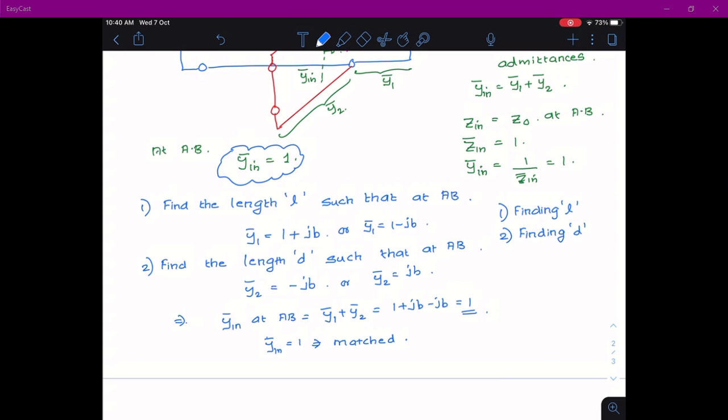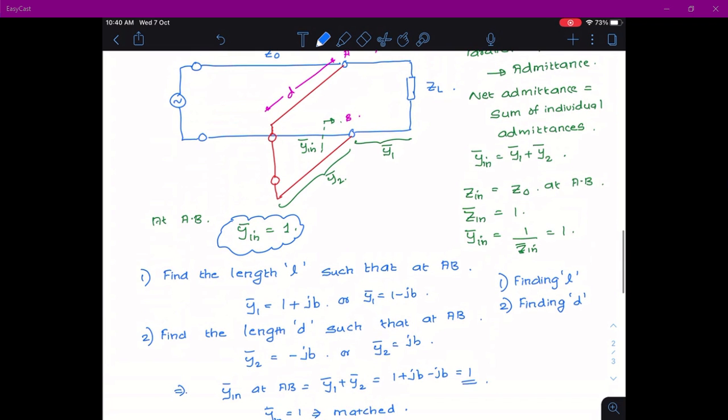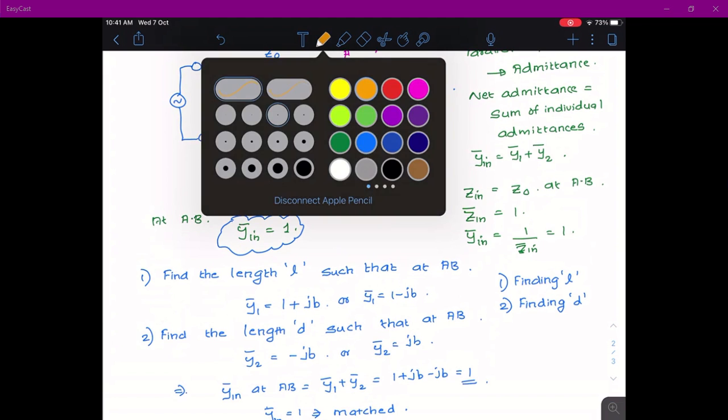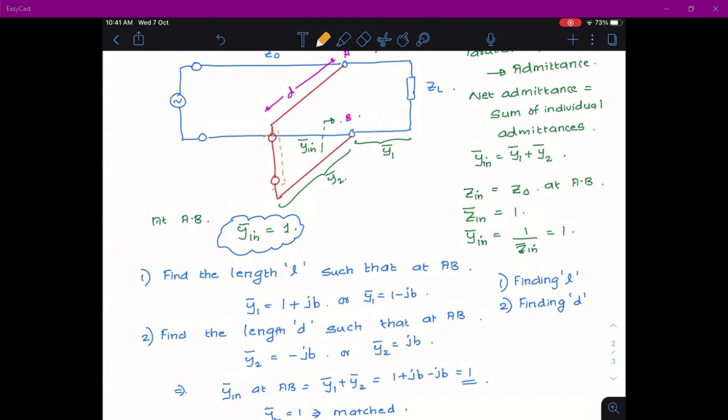If you can find these two, then you are done, because you know that this load here, so this is another load which is a short circuit, because you don't want to design for anything here, because short circuit load means your ZL dash is equal to 0.